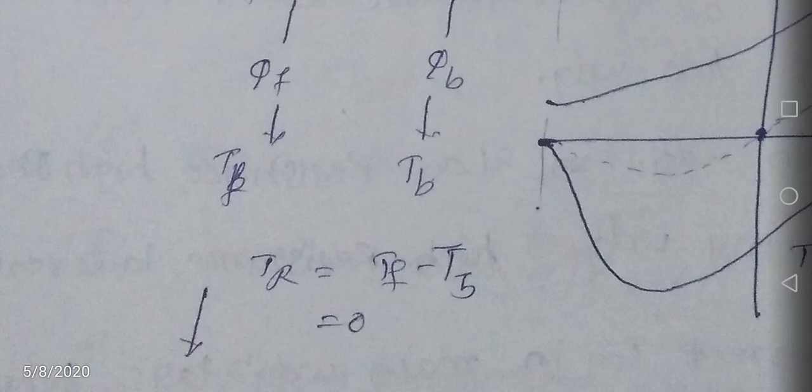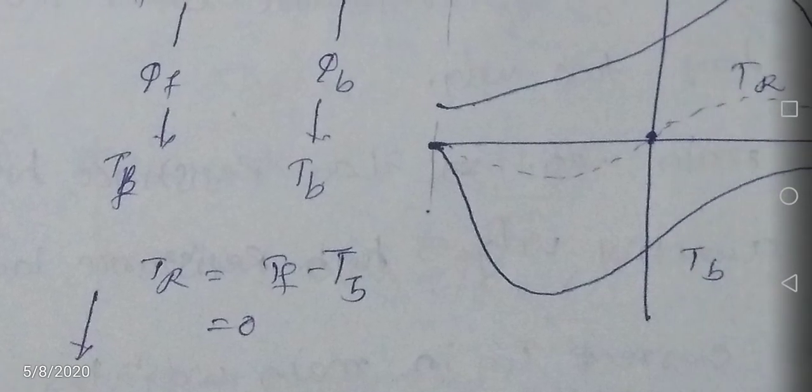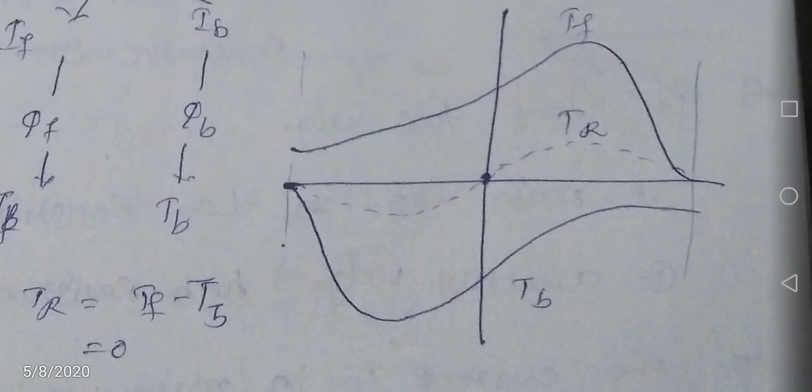So the resultant torque equals Tf minus Tb, which is equal to 0, because they are equal and opposite in direction. This is the slip torque characteristic whenever single phase supply is given.